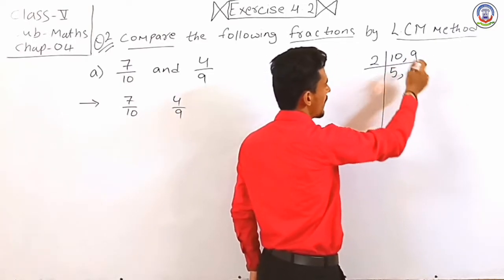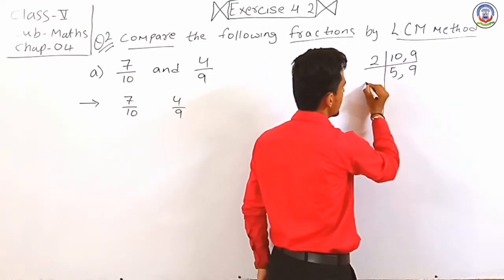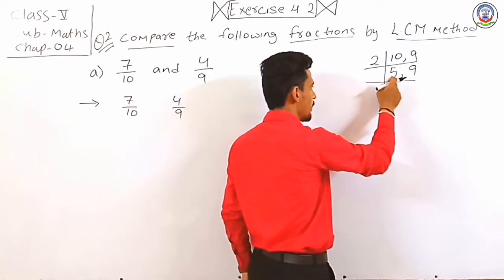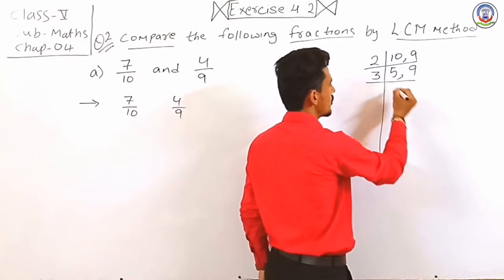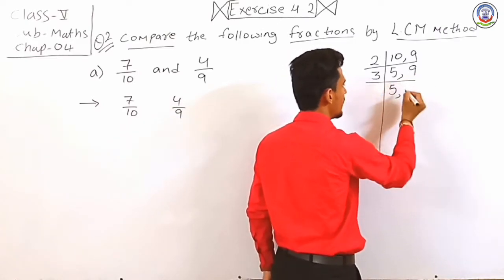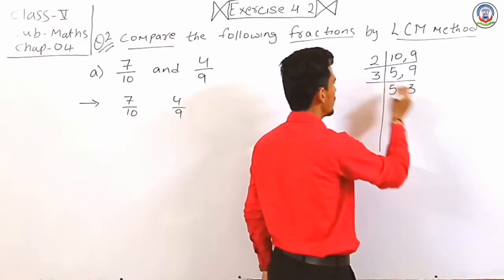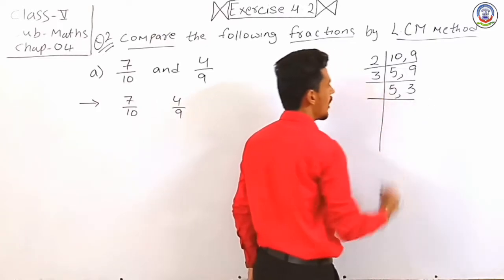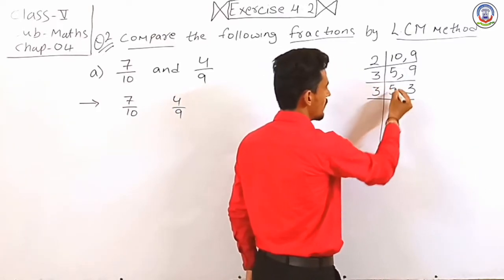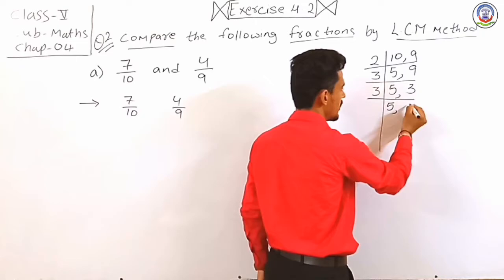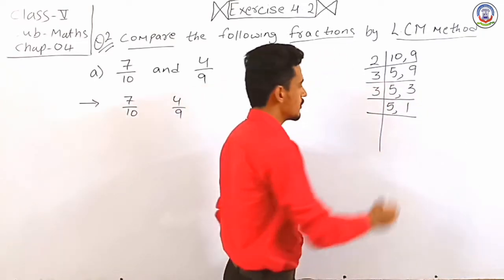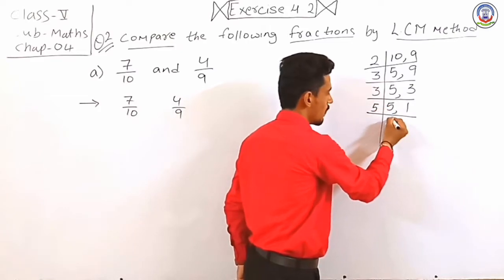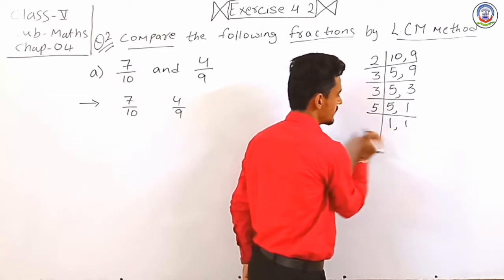This is not divisible by 2, so we write as it is. Now this is divisible by 5 and this is divisible by 3. 3 is the smallest, so 5 is as it is and 9 is 3 times and 3 is divisible. Now again we write here 3, 5 as it is and 3 1 times. Now it is divisible by 5. So we write here 5 1 time and 1 as it is.